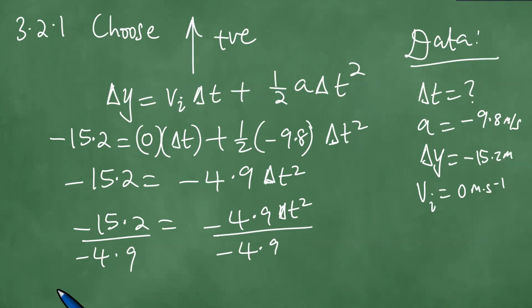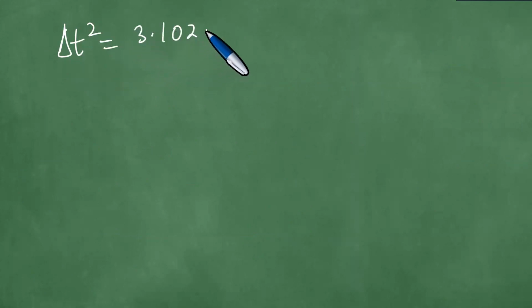So 15.2 divided by 4.9, delta t squared is actually 3.10204.08163.